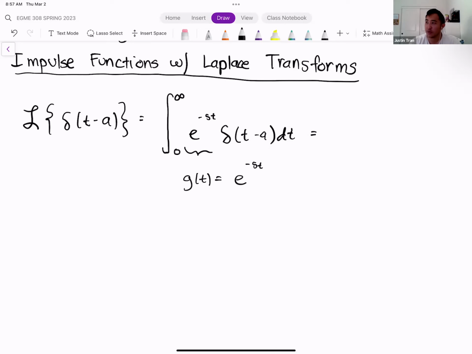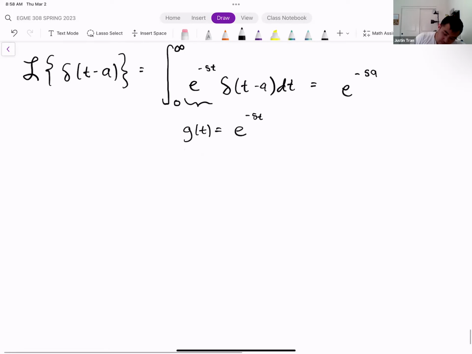That's kind of the nice thing about the Dirac deltas, is that we end up with e to the minus s. Okay, and then for t, we're going to plug in a, which is the location of the pulse. Okay, and so the Laplace transform of delta t minus a is just equal to e to the minus sa.